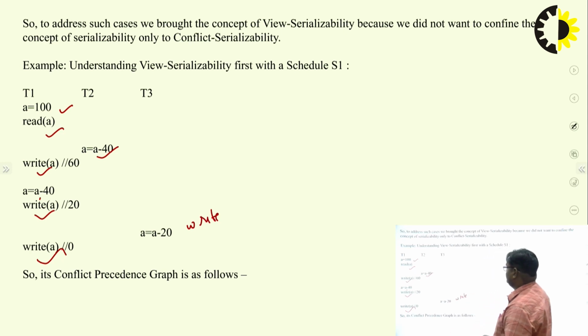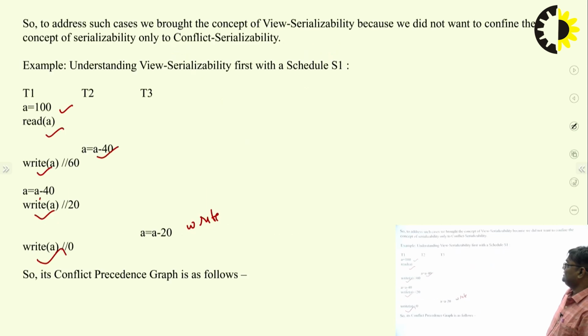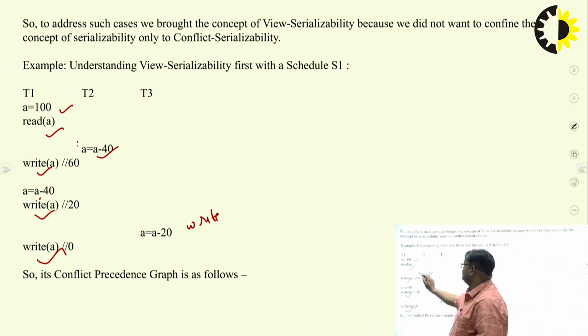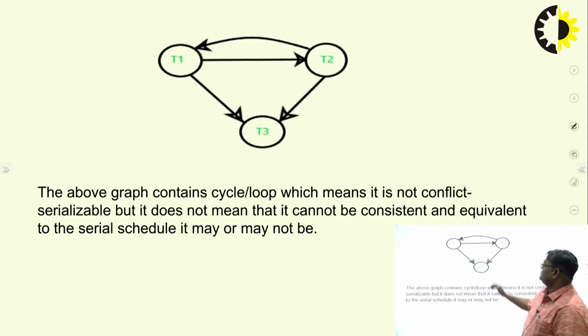So, what will be its conflict precedence graph? We can say this will be the precedence graph where T1 to T2, because here it is writing something, and so there is a line from T1 to T2.